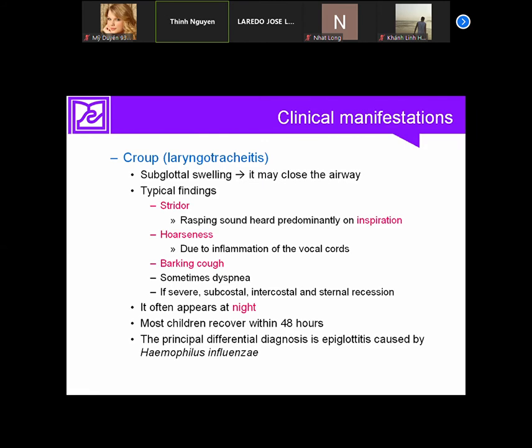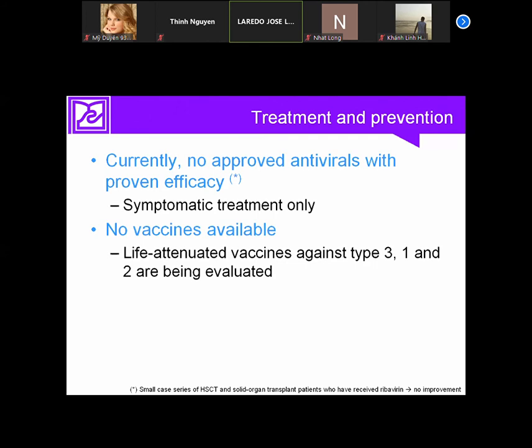Yes, clearly. Okay. So that is laryngotracheitis. The most common cause of laryngotracheitis in children are parainfluenza viruses, okay? We don't have any antiviral to treat parainfluenza viruses, and we don't have any vaccine. Currently, there is some research to test vaccines against type 3 and type 1.